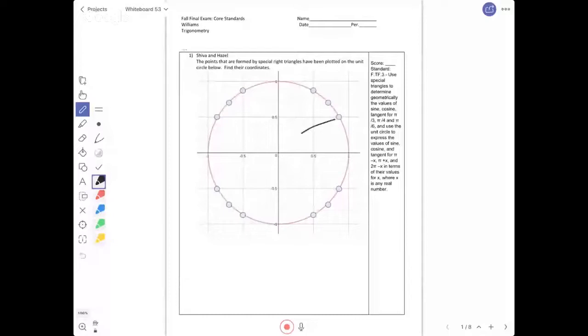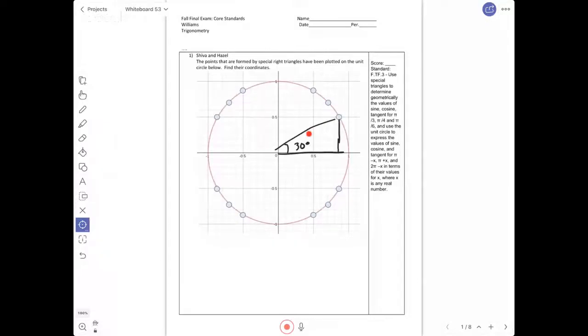I know that the ratio is 1 to 2 to root 3. So if I know that the hypotenuse is 1, then this must be 1/2, and this must be root 3 over 2.